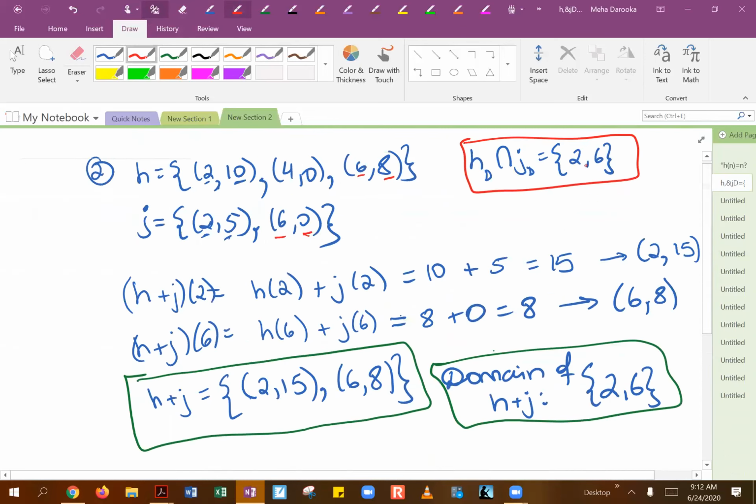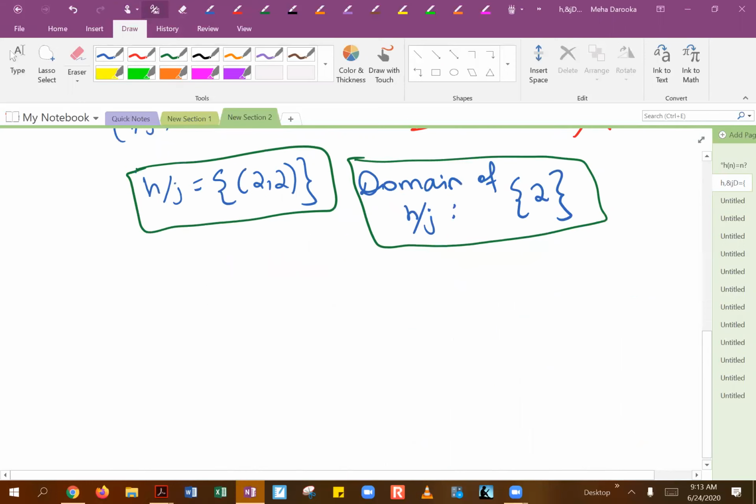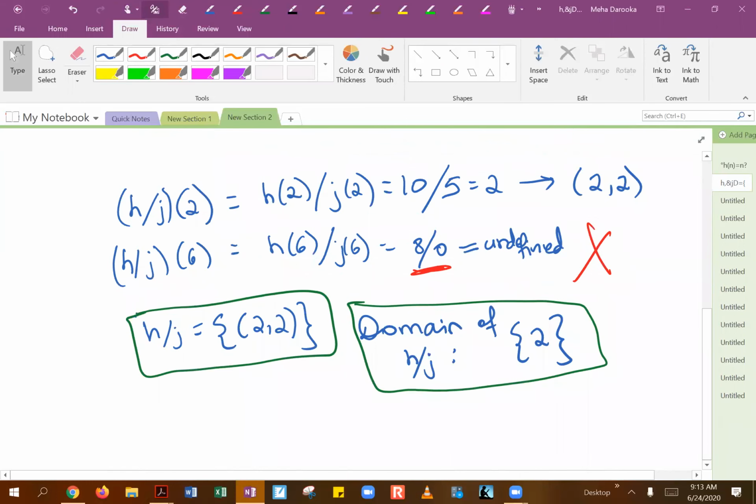From this intersection where you had 2 and 6, for the h plus j we were able to use both those numbers, 2 and 6, and of course we got two ordered pairs based on those two x values. But when you came down to the division function, because j of 6 gives you a 0 as the answer, and you end up dividing 8 by 0, that's why we cannot include 6 in there. It's giving us an undefined answer.